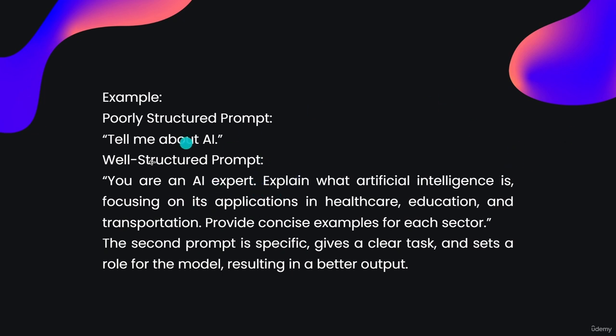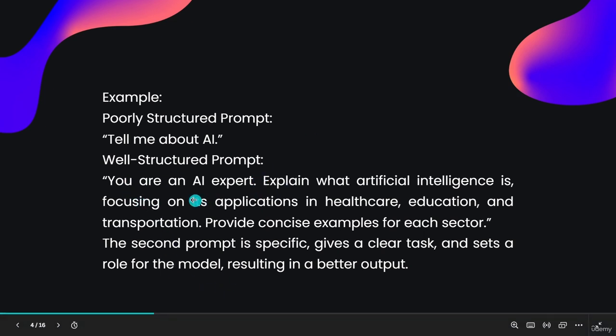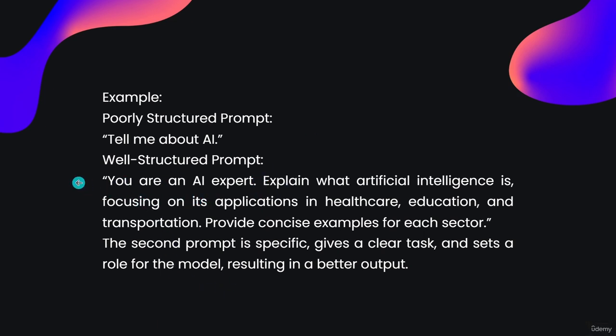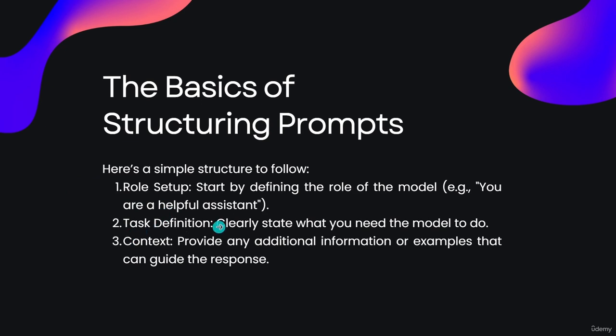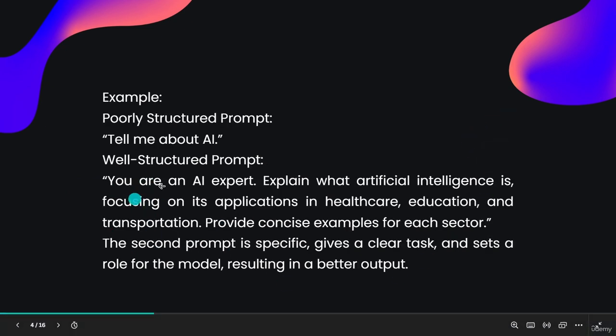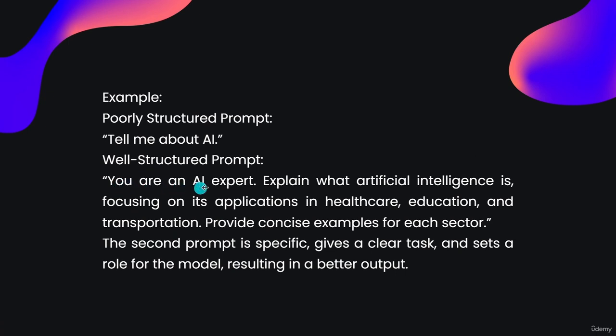But how does a well-structured prompt look? You can see I have followed the structure: role setup, task definition, and context. I have assigned a specific role to the AI: "You are an AI expert." This is the first part, role setup.